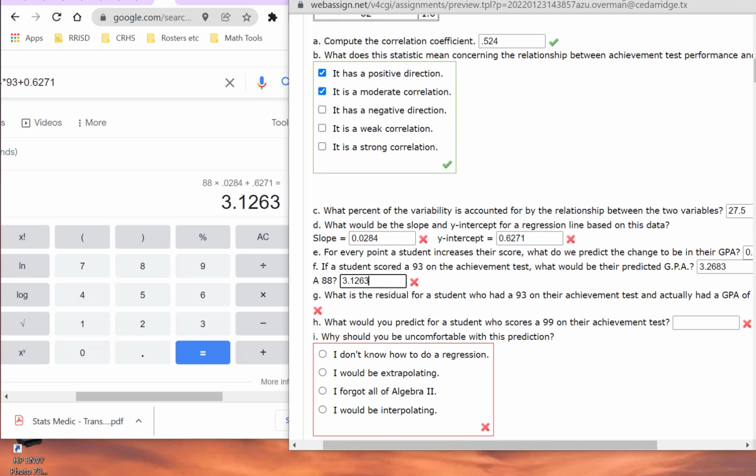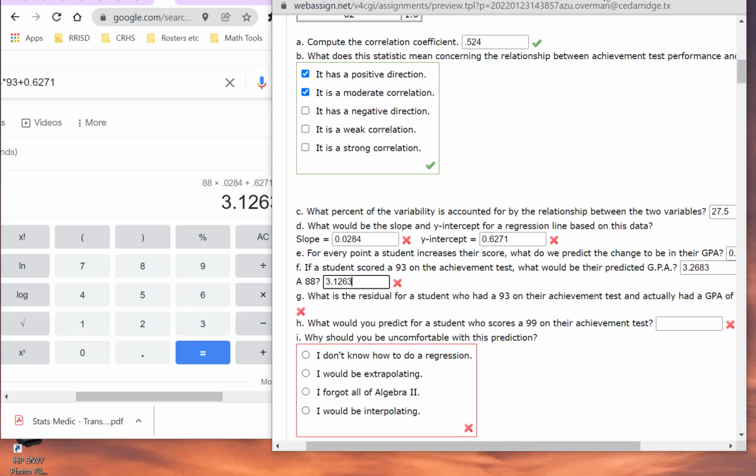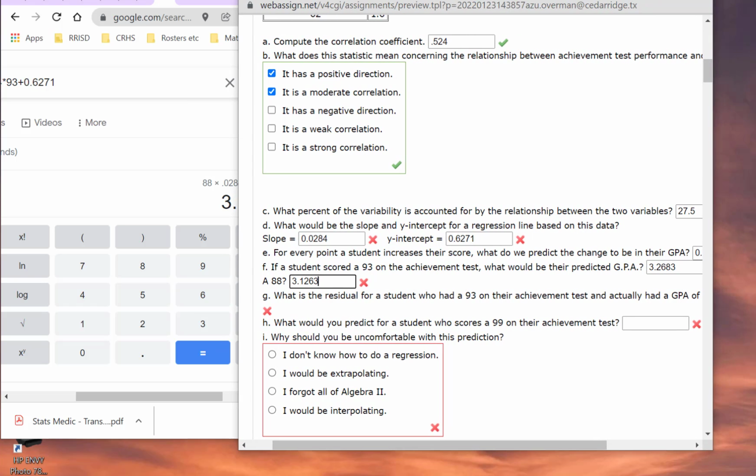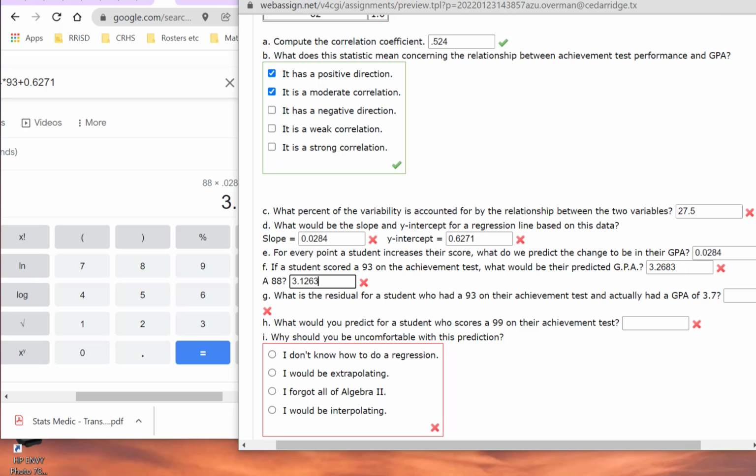All right. What is the residual for a student who scored a 93 on their test but actually had a GPA of 3.7? So the residual is actual minus predicted. The predicted for the 93 was this 3.2683.